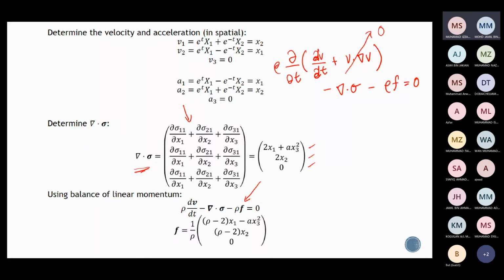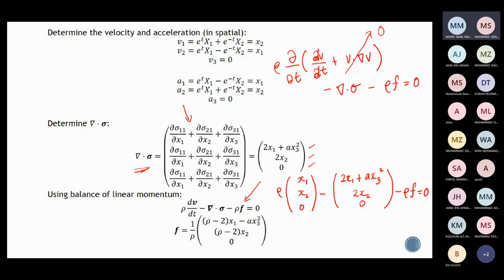So let's show this. Rho times del v del t, which is basically the acceleration. So you have x1, x2, and 0, minus del dot stress, minus rho f.